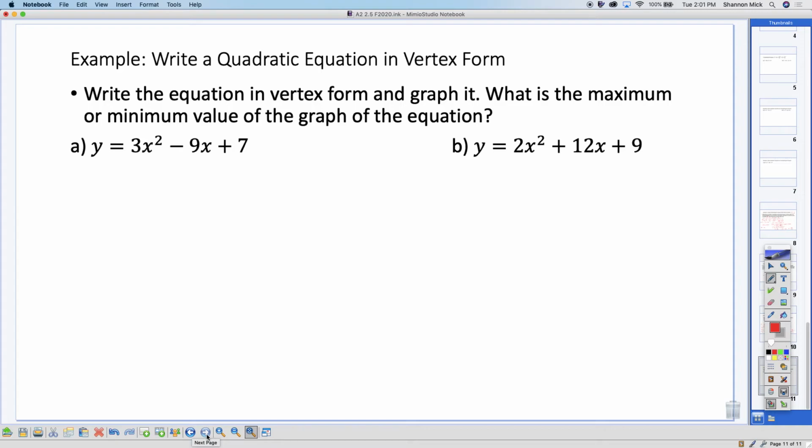You have to factor out the 3, only from the first two terms, right? The 3 is positive. You only do a negative if it's a negative. It's always going to be minus, and then just 3. Write that down.